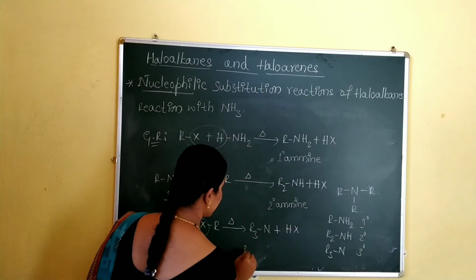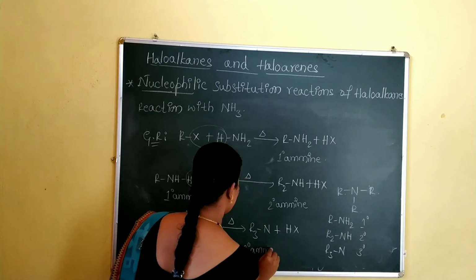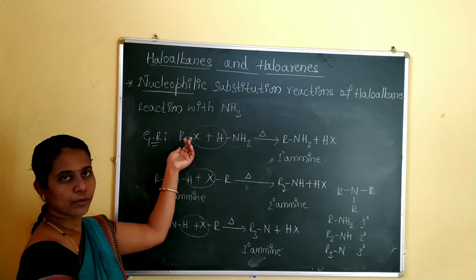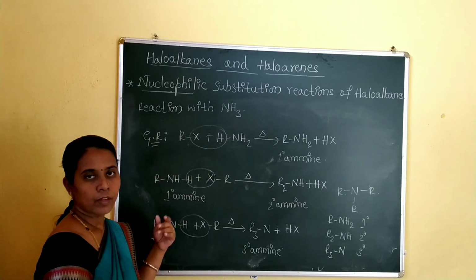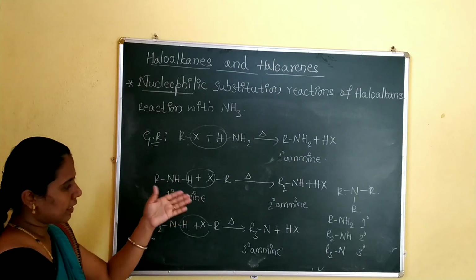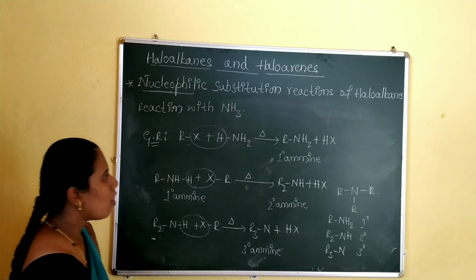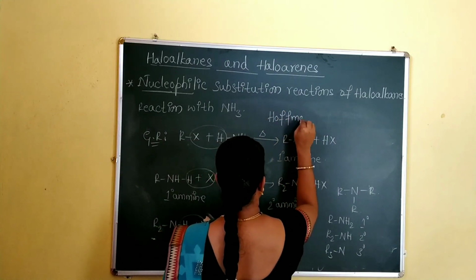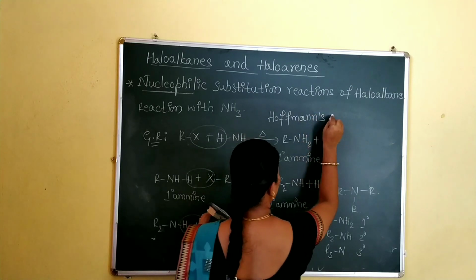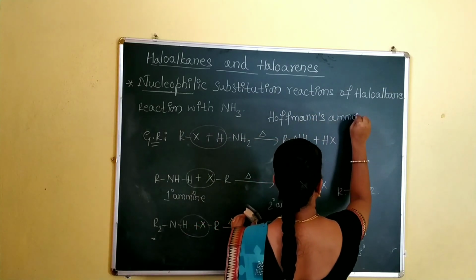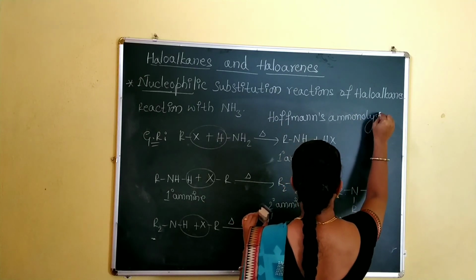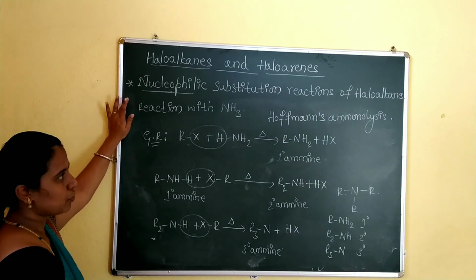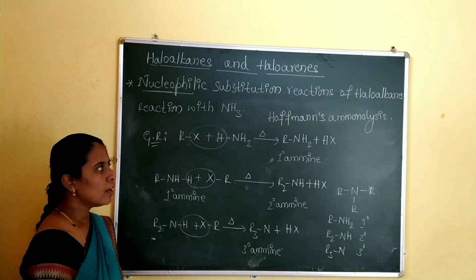See here, this is tertiary amine. This reaction of alkyl halides with ammonia to form primary, secondary, tertiary amines is known as Hofmann's ammonolysis reaction. This is all about nucleophilic substitution reactions of haloalkanes. Thanks for watching.